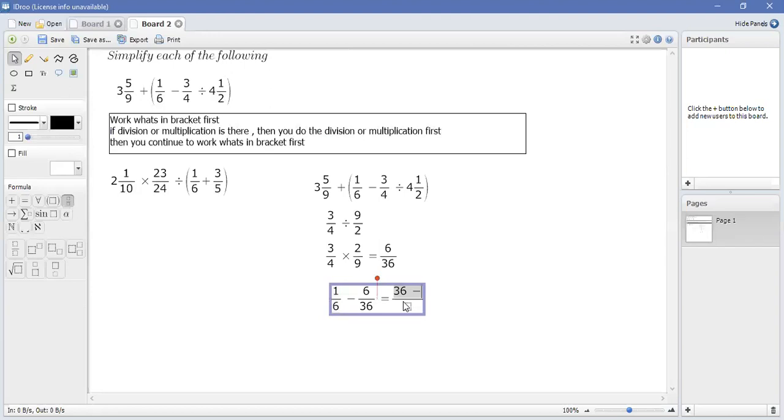So let's use the same 36. So 36 times 1 is 36, and 6 times 6 is 36.